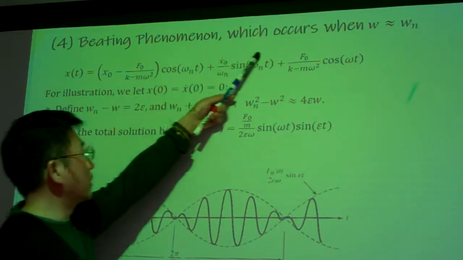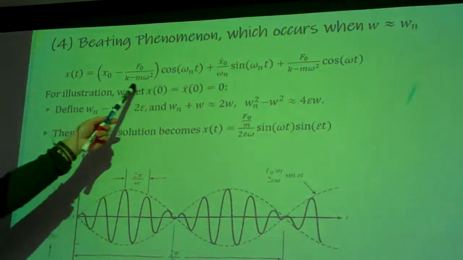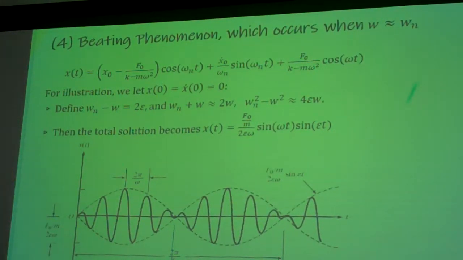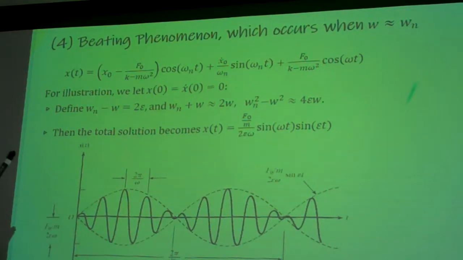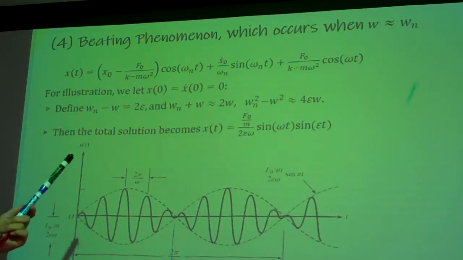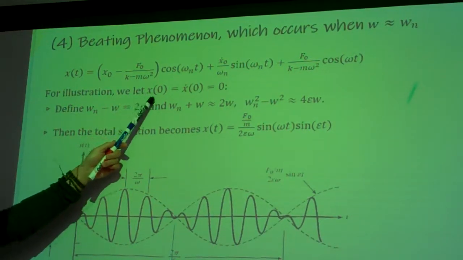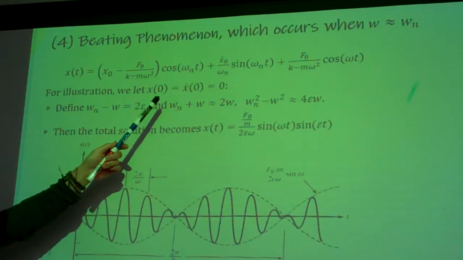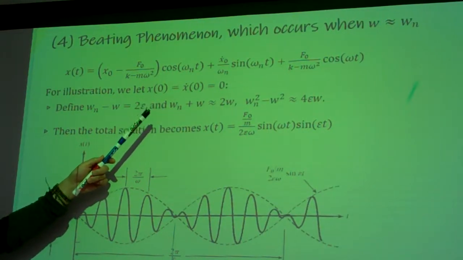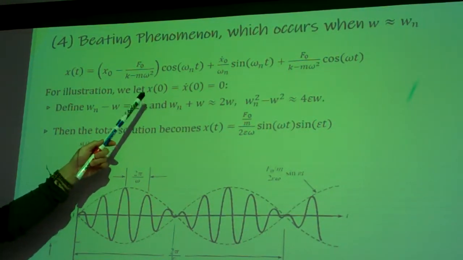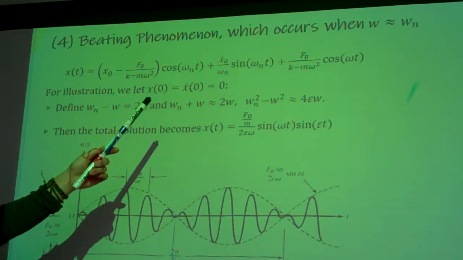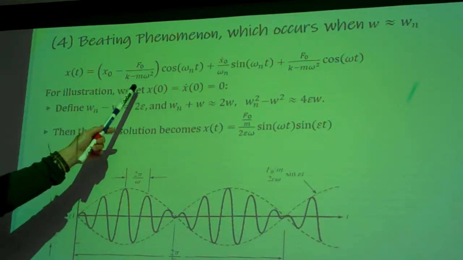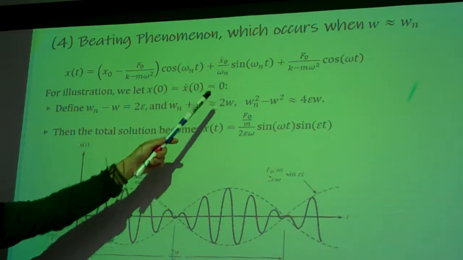Again, this is the total response from our general situation. To study this case, we can make it a little bit easier by not including any influence from the initial conditions. So, for demonstration purposes only, we can ignore the influence from the initial conditions, and that means we can set Q equal to 0.